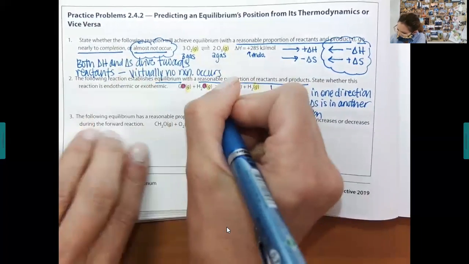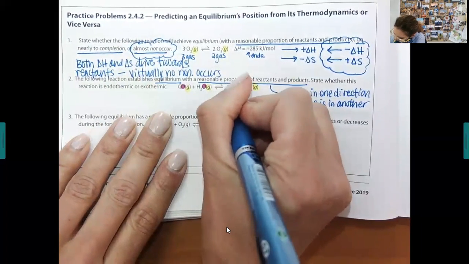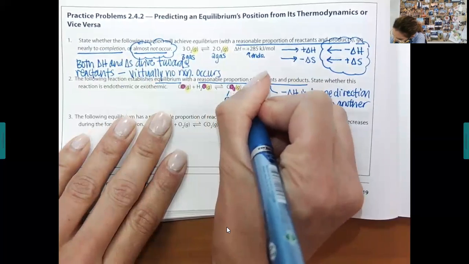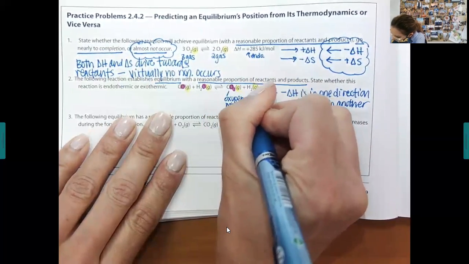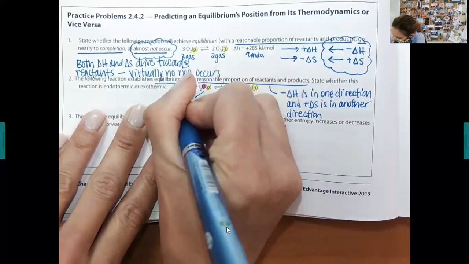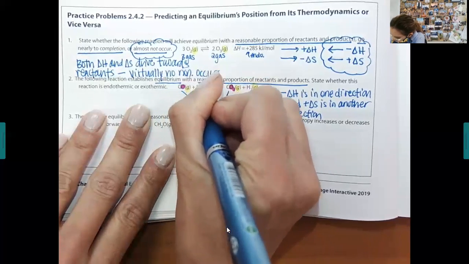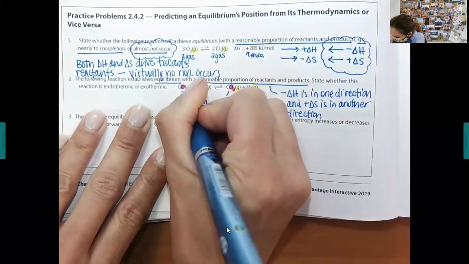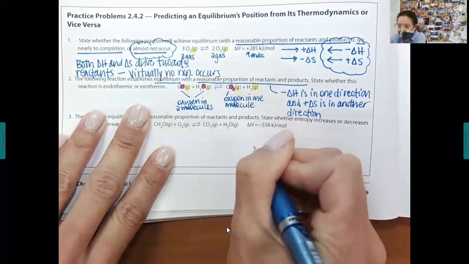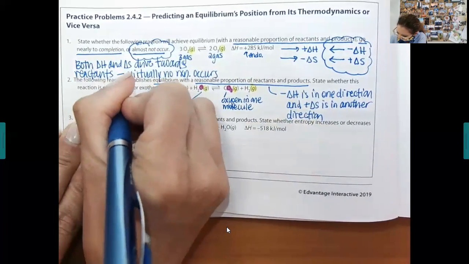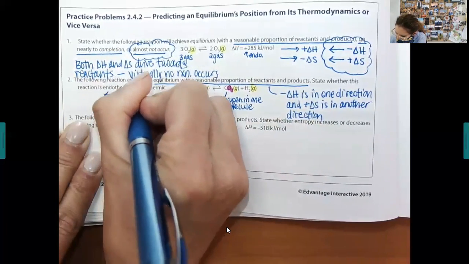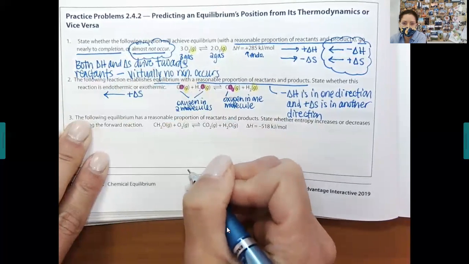So I'm just going to make a note that you've got the oxygen in one molecule here, and then the oxygen in 2 molecules over there. So if you go in this direction, this is your increasing entropy direction.